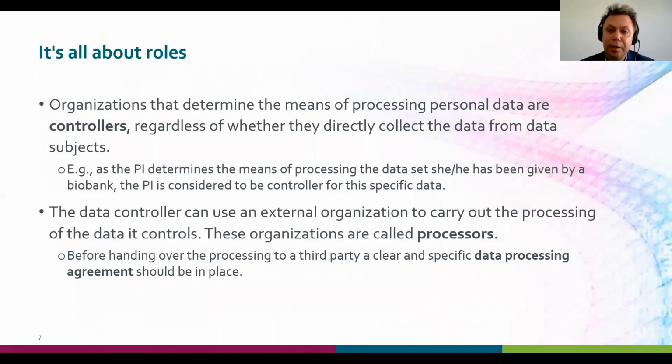Something that you might not have understood yet is that if you have an authority to use the data, for instance, from a biobank, that would be a controller, you will become a controller yourself, and you have to define how that data can then be processed on the platform that the processor provides for you. So these two roles, controller and processor, are important.